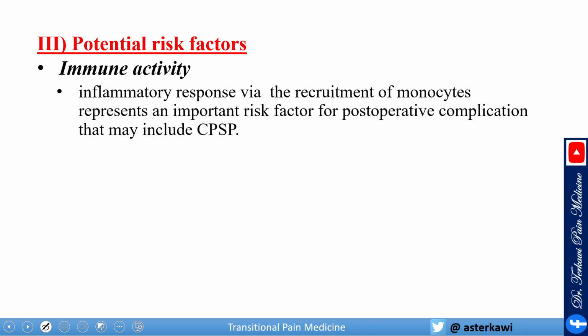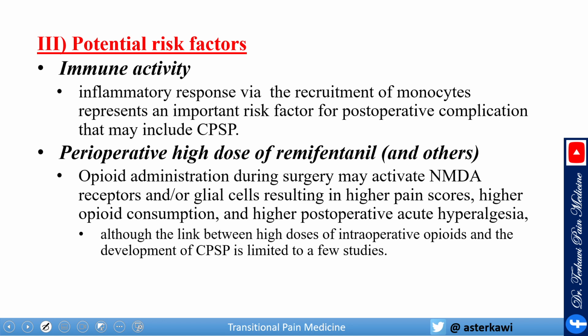A potential risk factor is immune activity, like inflammatory response, and then perioperative high dose of opioid in general, but most of the studies were focusing on remifentanil because that can activate the NMDA receptor and/or glial cells, resulting in a higher pain score, higher opioid consumption, and a higher postoperative acute hyperalgesia.